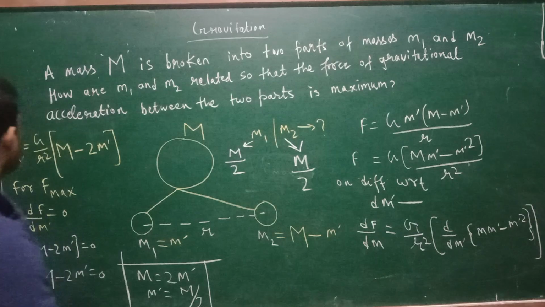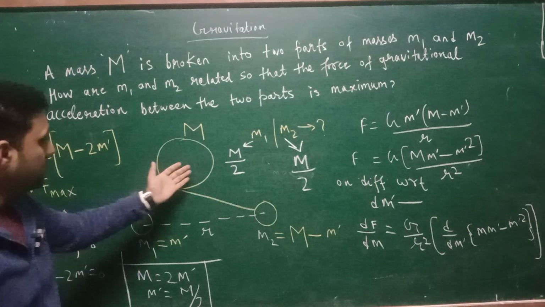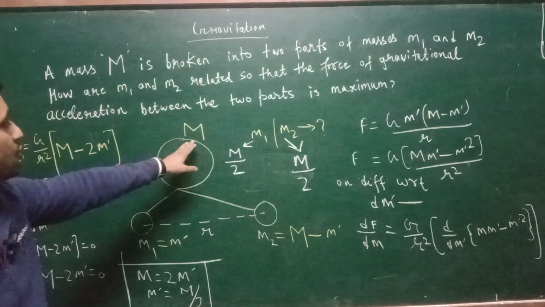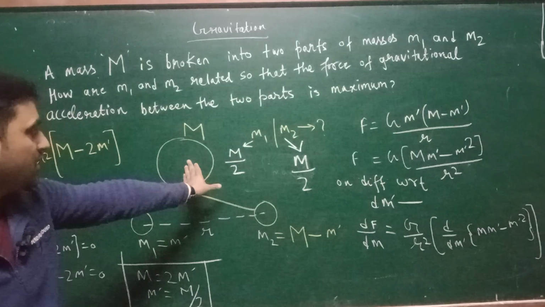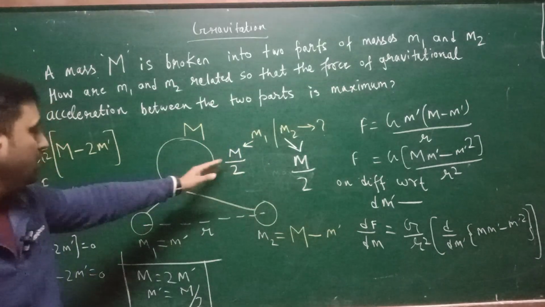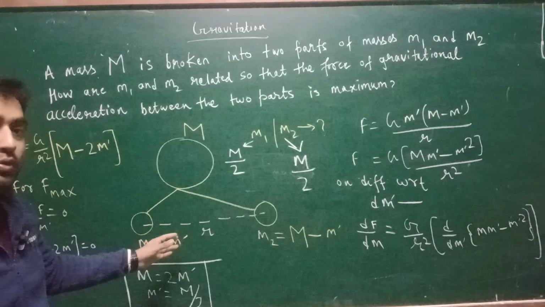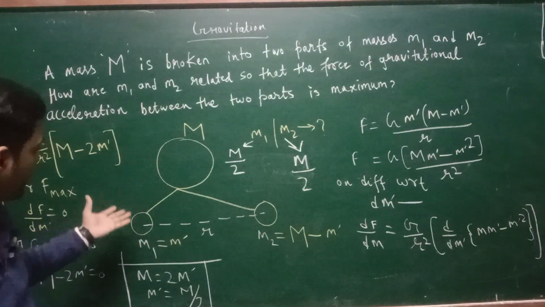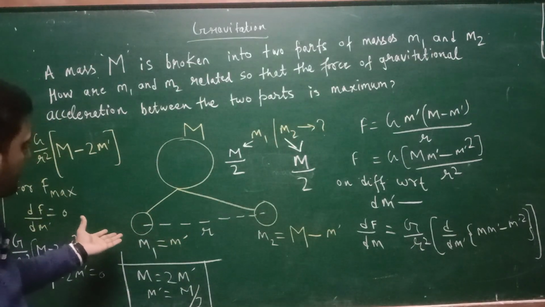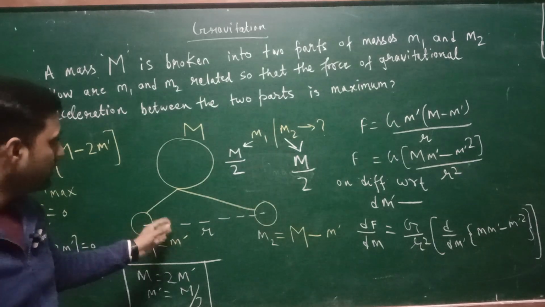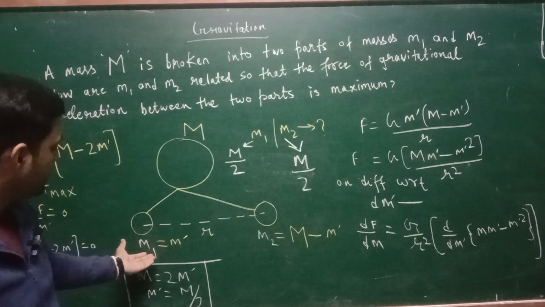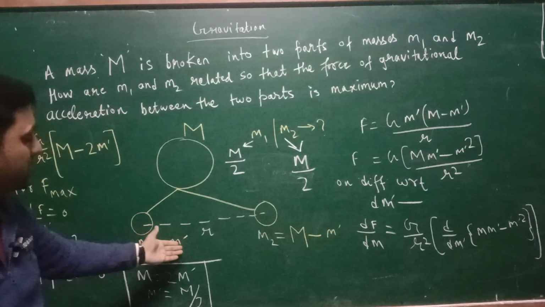उसके बाद हमने एक क्वेश्चन किया कि एक कोई बड़ा सा स्फीयर है जिसका मास है कैपिटल M, कैसे इसको ब्रेक किया जाए दो पार्ट्स में, यानी m1 और m2 में कैसे तोड़ा जाए कि gravitational force between the two masses, that is m1 and m2, becomes maximum. So for that we have to break it into m1 and m2. For that we have to consider that the mass of m1 is let's say m'.